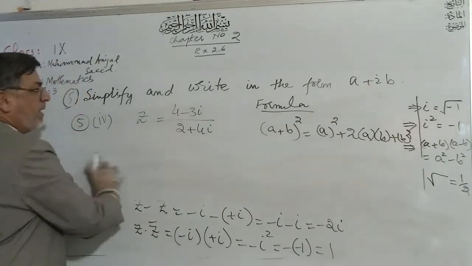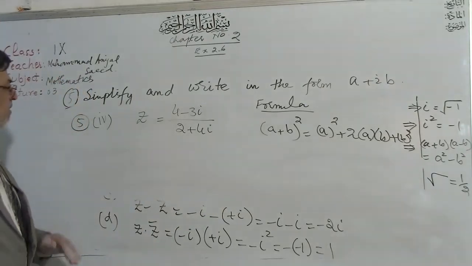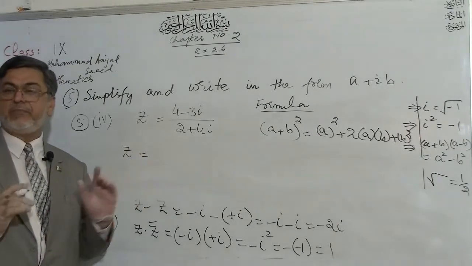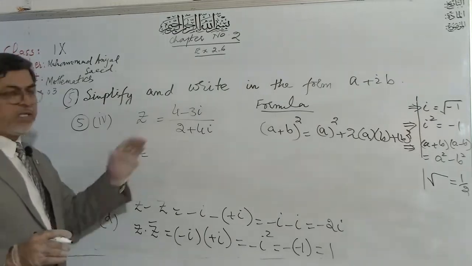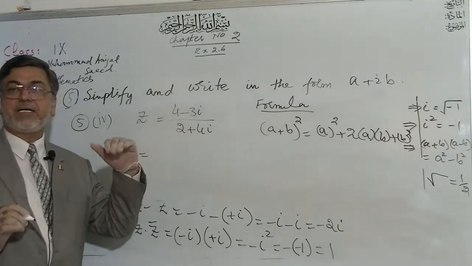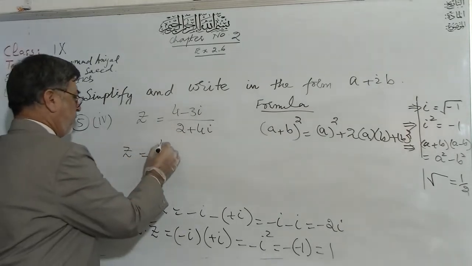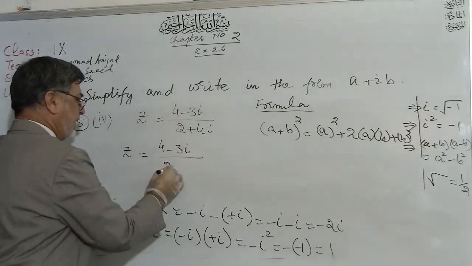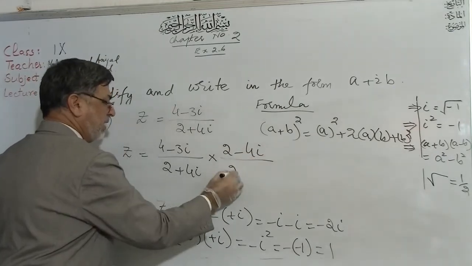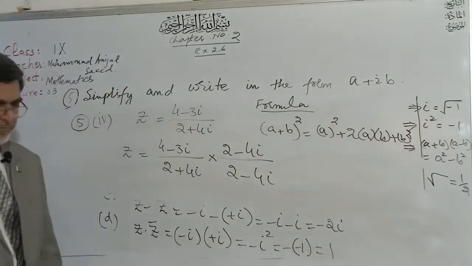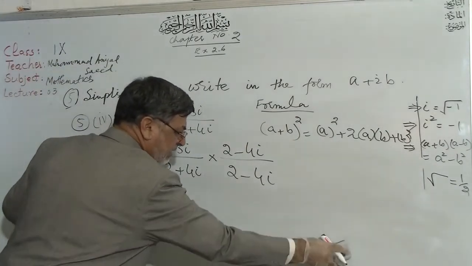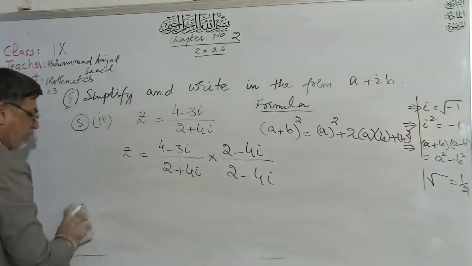First of all, remember that we have to remove the iota from the denominator by multiplying above and below by the conjugate of the complex number. 4 minus 3 iota divided by 2 plus 4 iota multiplied by 2 minus 4 iota over 2 minus 4 iota. Remember, it is the simplification of z. It's not z bar or any other part.